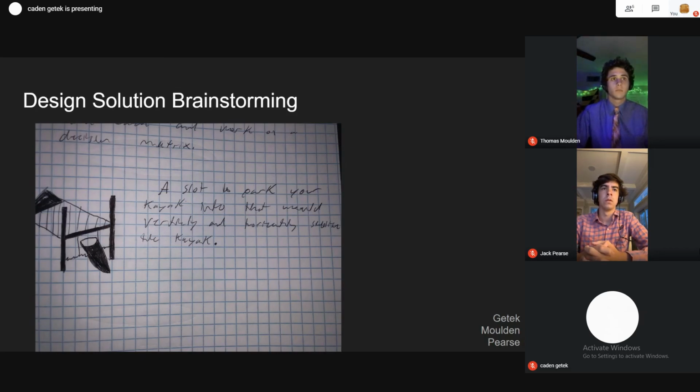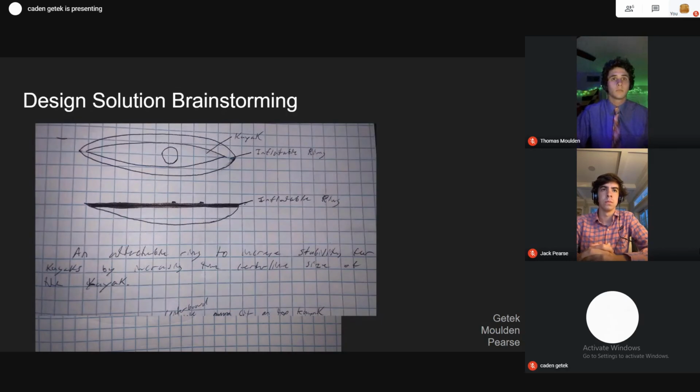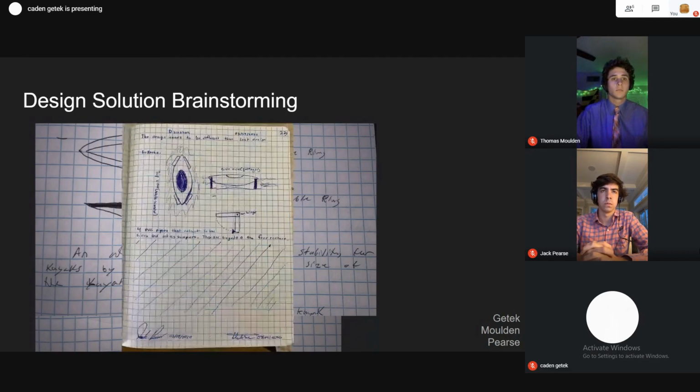Our second idea would be an inflatable ring around the kayak, but this one would be permanently inflated instead of having to be inflated by the user each time they want to use it. Another idea would be legs that you'd attach to the kayak that would be able to fold down and add stability in shallow water.